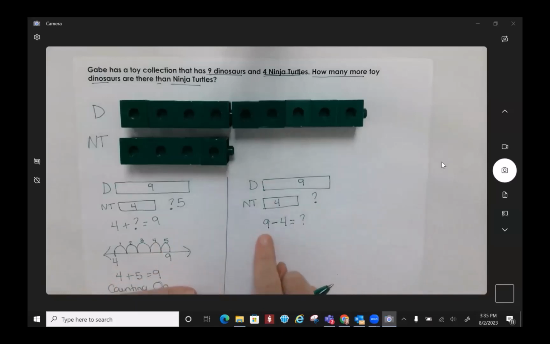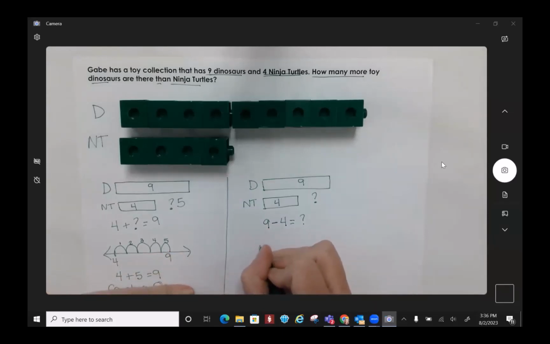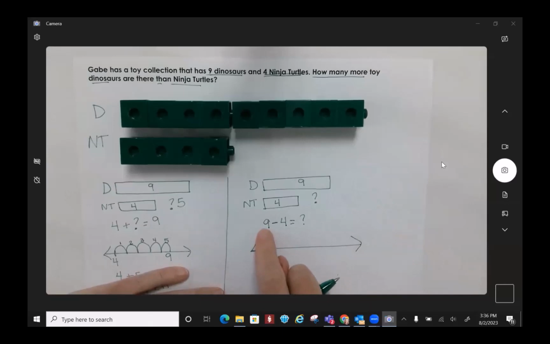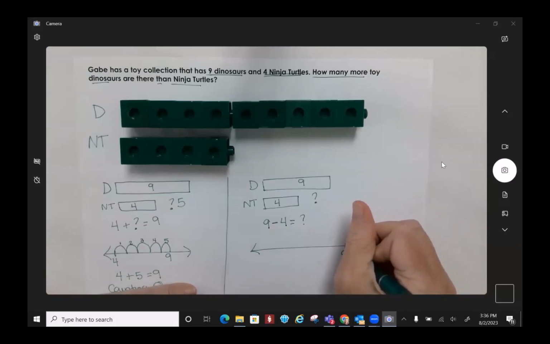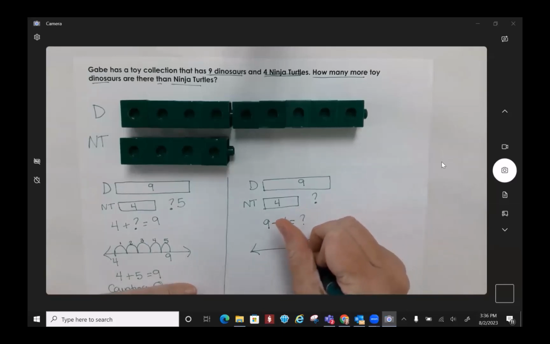So this time I'm seeing this is subtraction. So what I'm going to do, I'm going to use another strategy, but I'm going to use my number line again. And this time I'm going to start at 9, and I'm going to count back 4 on my number line. So if I start at 9, and this time I'm going to hop back 4. 1, 2, 3, 4. And I want to know what that number would be.